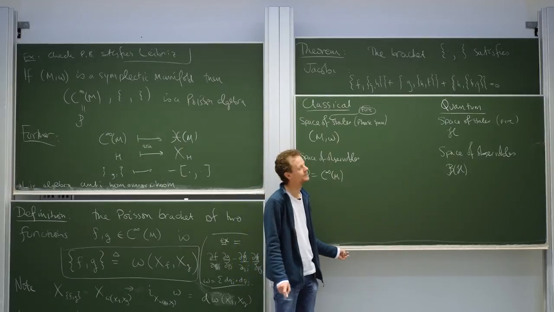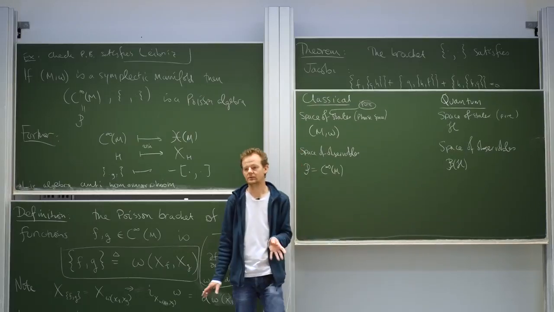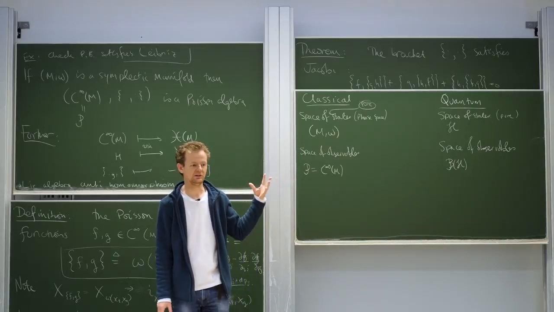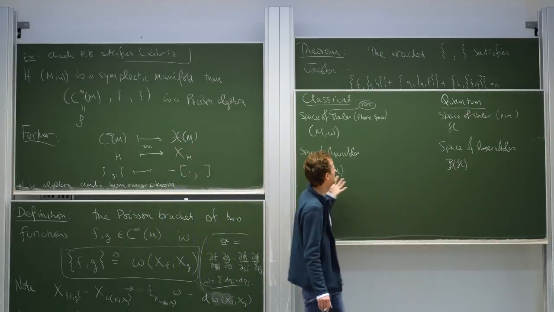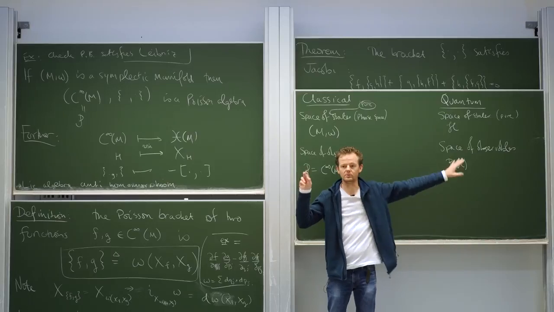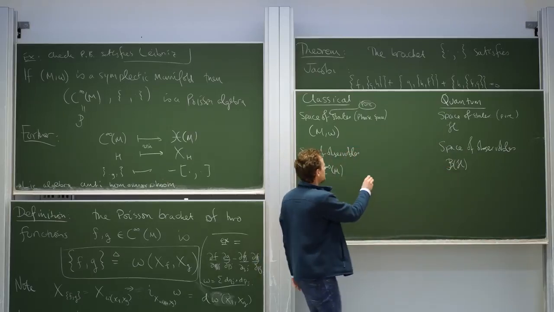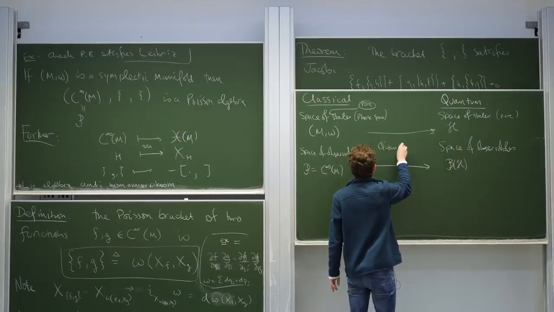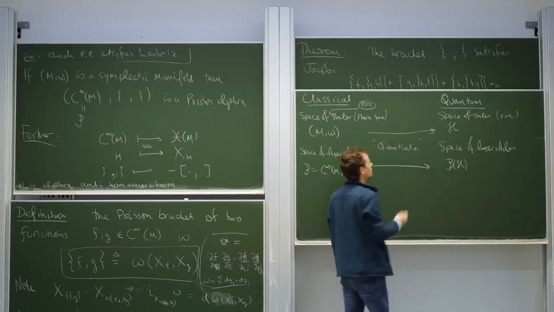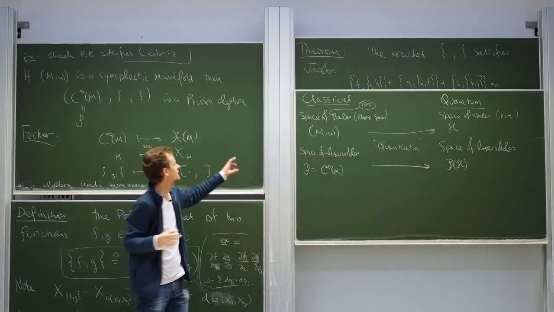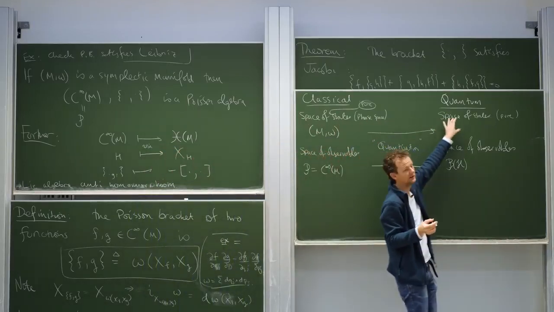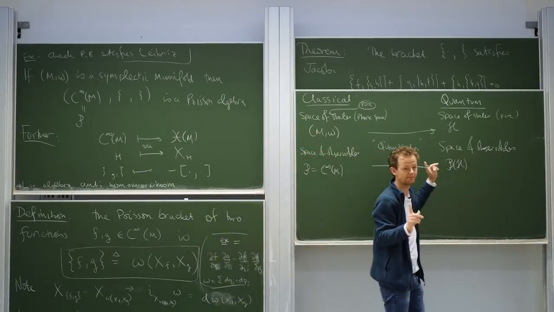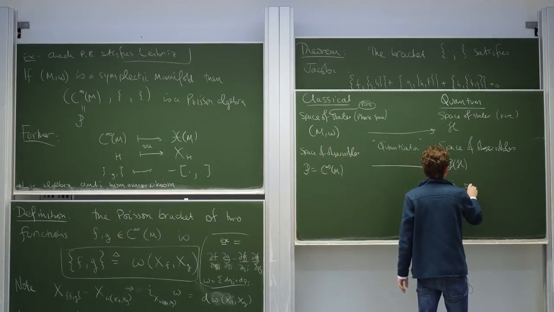So you look at this, and if you're looking at it through the lens of classical mechanics, thinking that the quantum world is somehow an extension of the classical world, and what we want to do is find out the right way to associate a quantum system to a classical system, then it's very tempting to say that there is some kind of magical map called quantization, which associates to every symplectic manifold, say, a Hilbert space H, and to every Poisson algebra, a space of observables B of H. And we've also got that the space of observables has a Lie bracket.